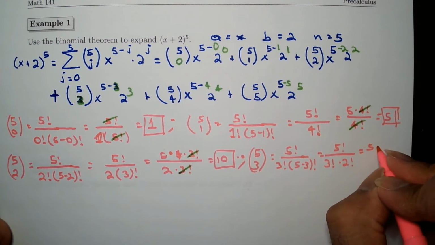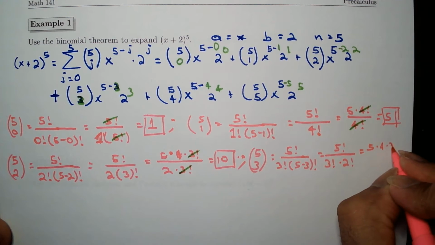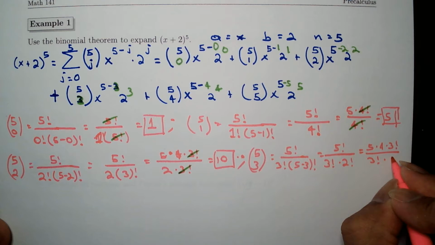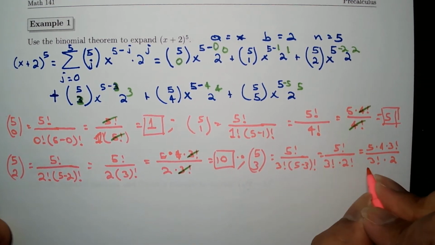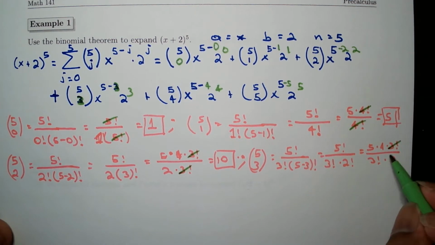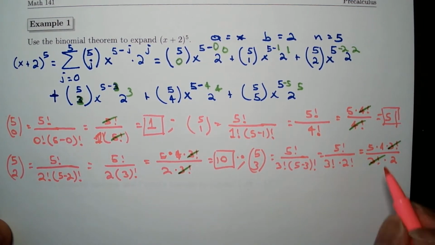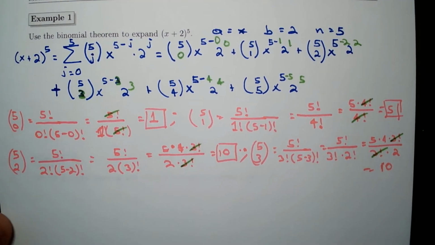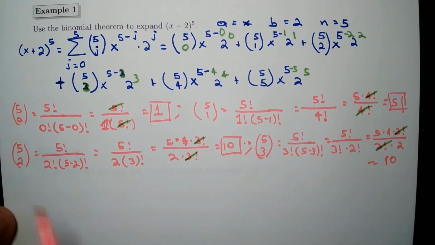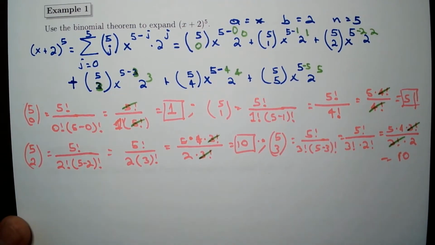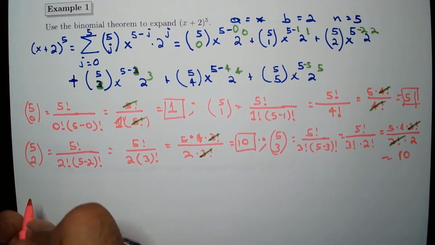So that's 5 times 4 times 3 factorial, over 3 factorial times 2 factorial, which is 2, because 2 times 1. And in this case, goodbye, these. And we get the same answer as before. 5 times 4, that's 20. 20 over 2, that's a 10. Alright. I know, this is painful to do. This is a lot of work, but I'm going to show you a way to avoid all this work working with factorials. So let's do a couple more.